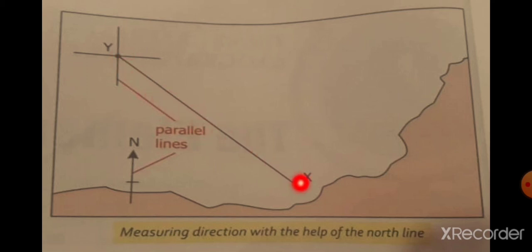After joining the line, at this Y point I'm drawing a horizontal line and a vertical line at the Y point. After this, now I will say where X is actually located.